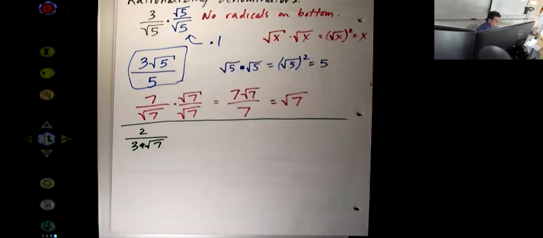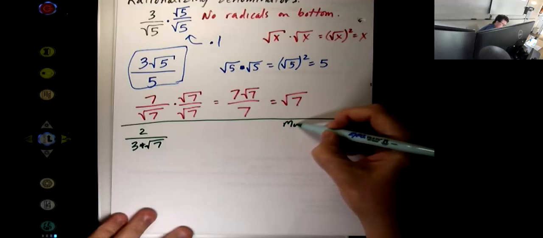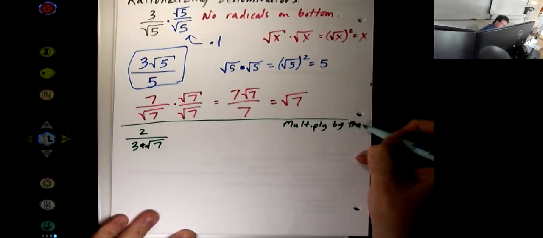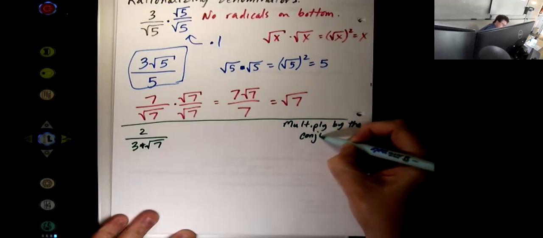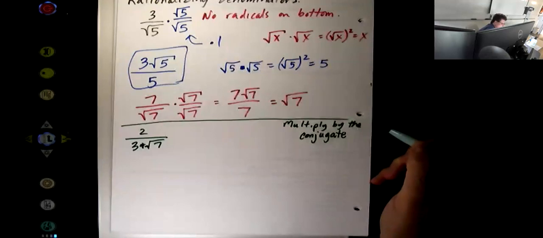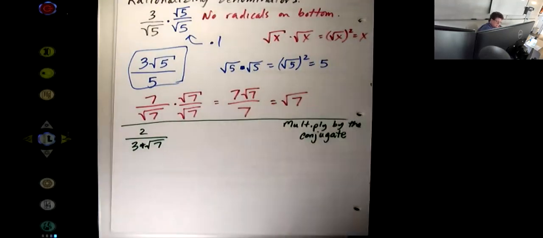So that's what we want to do: multiply by the conjugate. And that's just a word you're going to have to remember. We're going to use it when we do complex numbers as well.